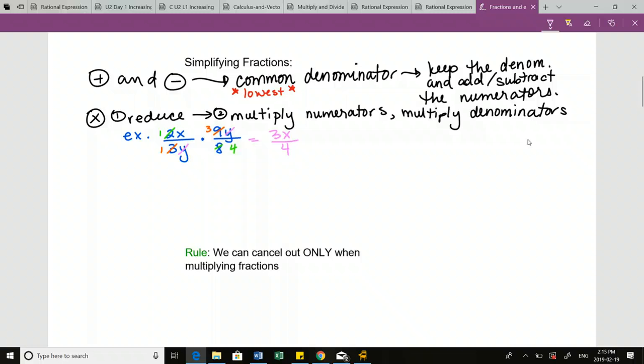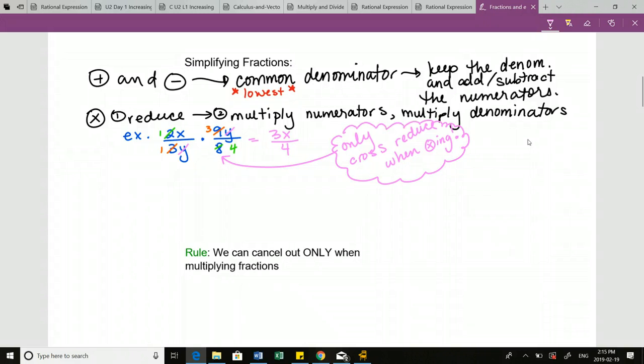Okay, we can only do this when we're multiplying though. So my suggestion would be simplify and then multiply across. I'm multiplying 1x times 3 and 1 times 4.